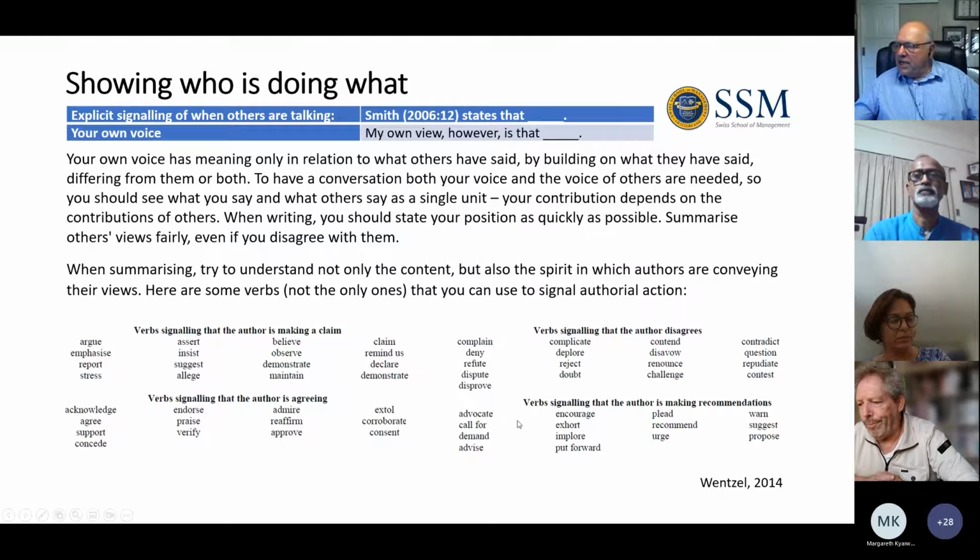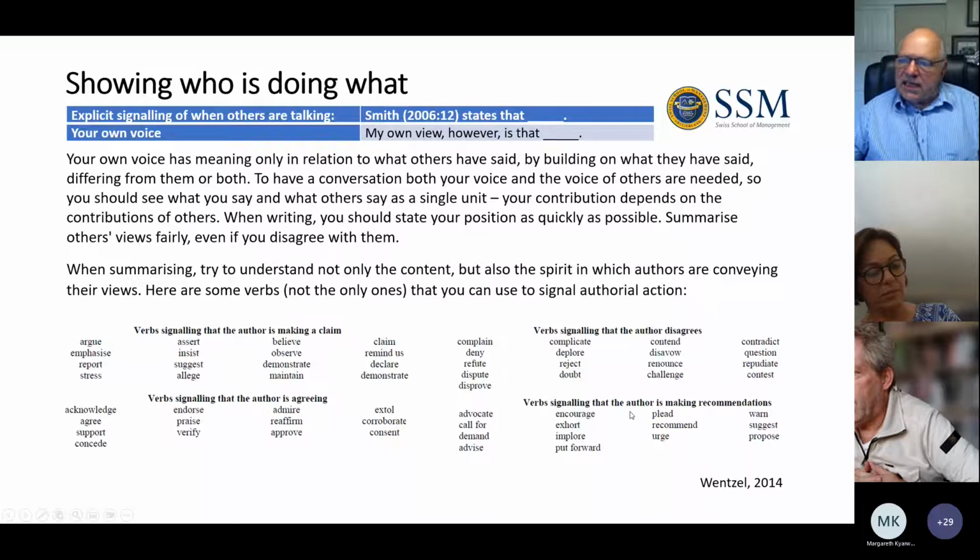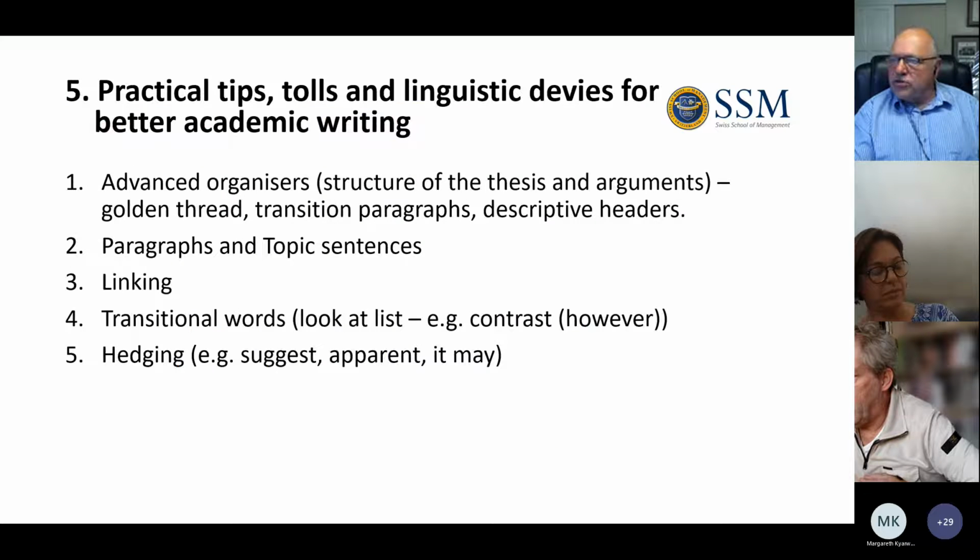Then verbs that signal that the author disagrees: doubt, reject, this person rejects that person. And verbs signaling the author is making a recommendation: put forward, urged that, recommended that, proposed that, suggested that. So there are all these words that you can use, which is very important to signal who's doing what.